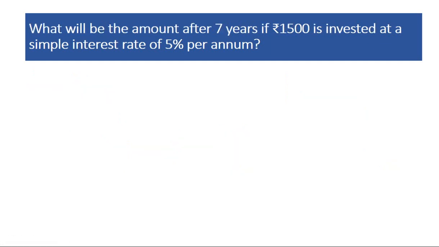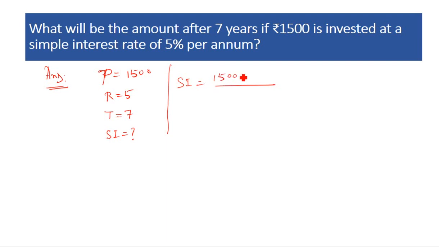What will be the amount after 7 years if 1500 is invested at a simple interest rate of 5% per annum? P is equal to 1500, R is equal to 5, T is equal to 7. SI is equal to 1500 into 5 into 7 by 100.